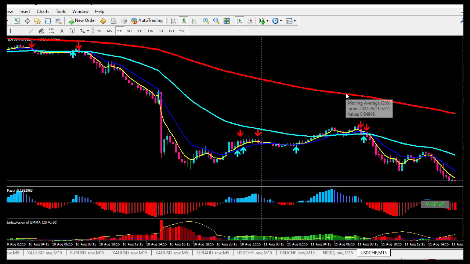Now I have a few indicators on my chart. I have moving averages, the arrows indicator, the water explosion indicator and the sentiment indicator. So on the chart I'm going to show you how you can use this particular strategy profitably.